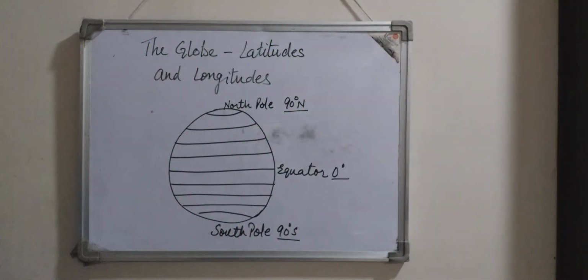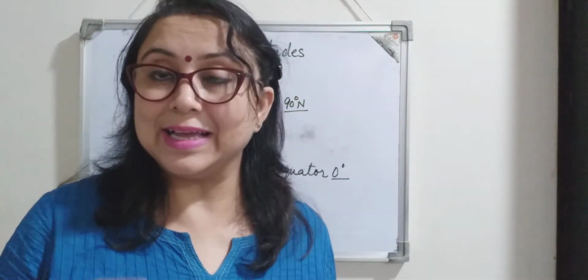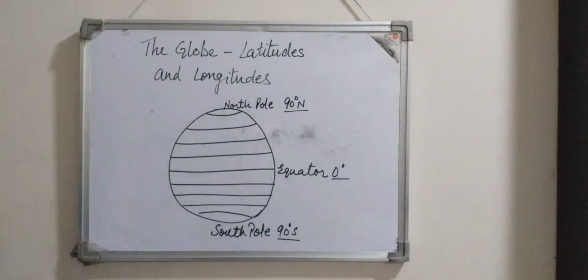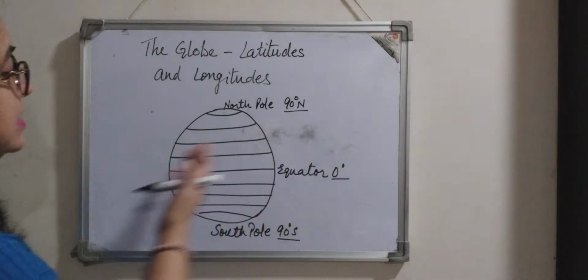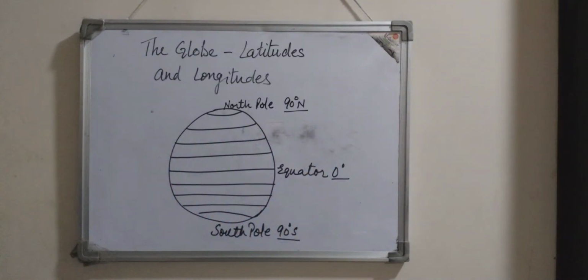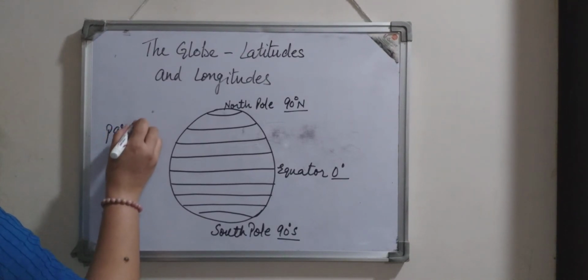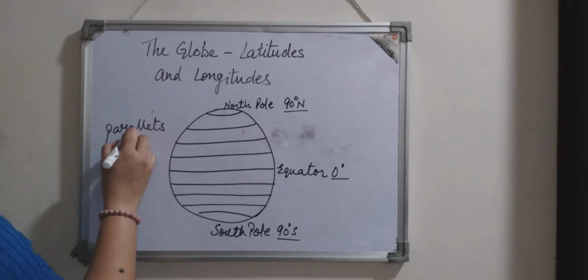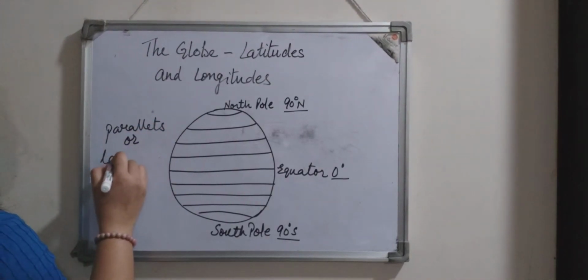Now apart from these, there are other imaginary lines, right? The imaginary lines which run from west to east, or you can say east to west, are known as parallels, or they are also known as latitudes.